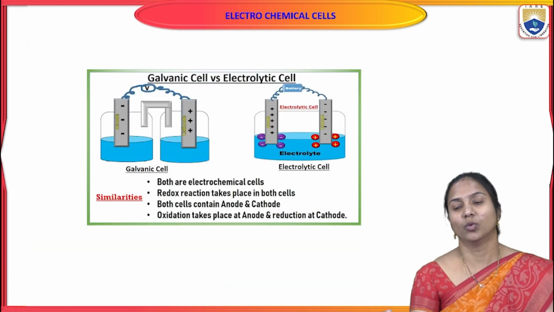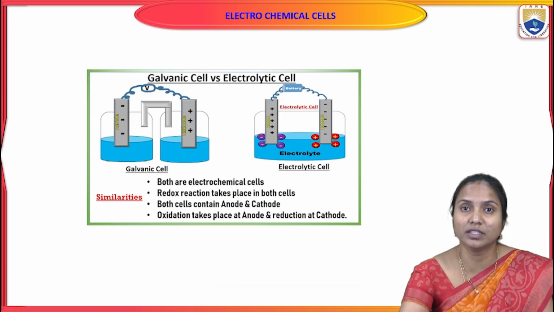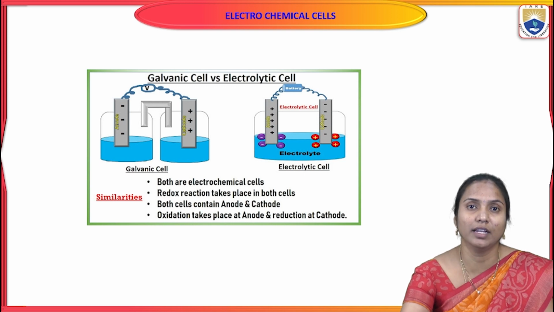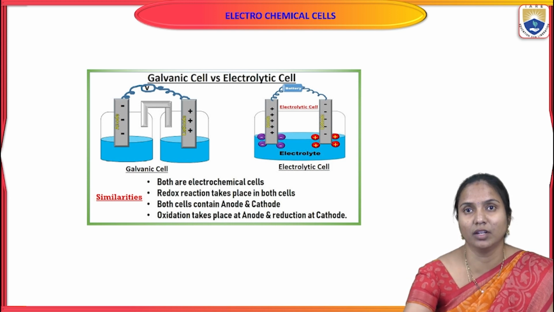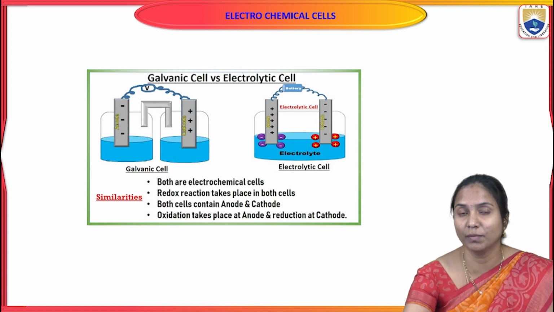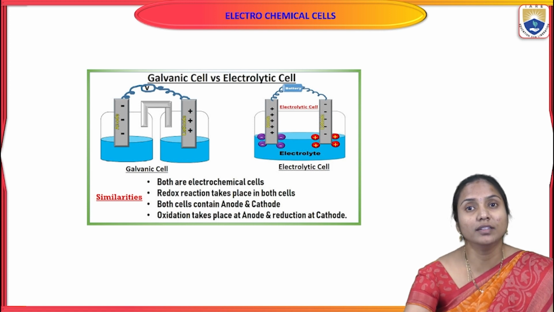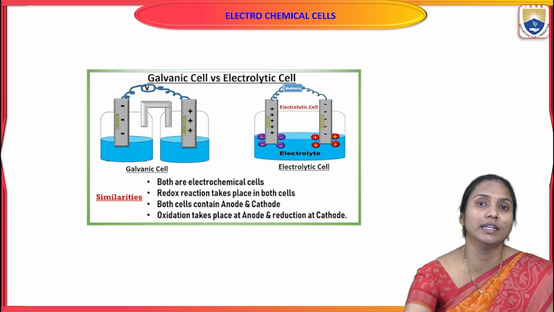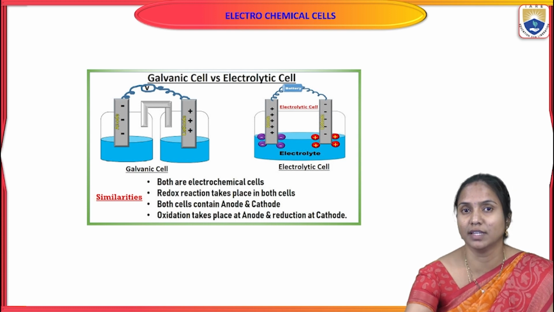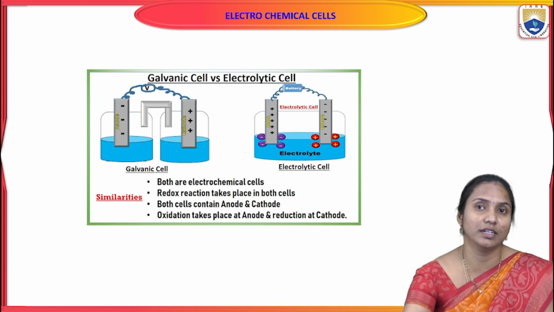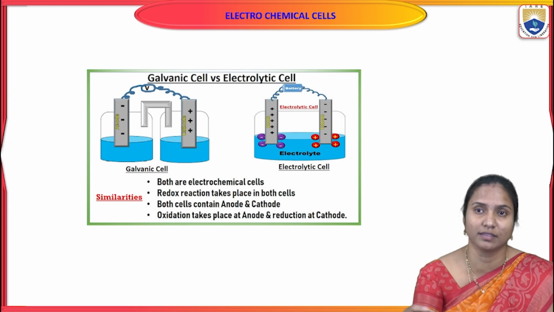Now let's discuss the similarities between the galvanic cell and the electrolytic cell. The galvanic cell, we already know, is the electrochemical cell. What are the similarities between the electrochemical cell and the electrolytic cell? Both are cells, and redox reactions take place in these cells.